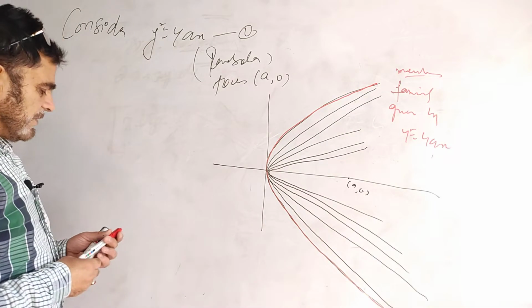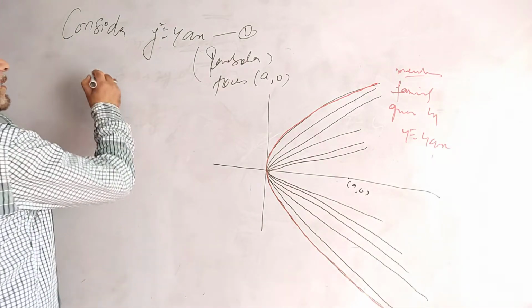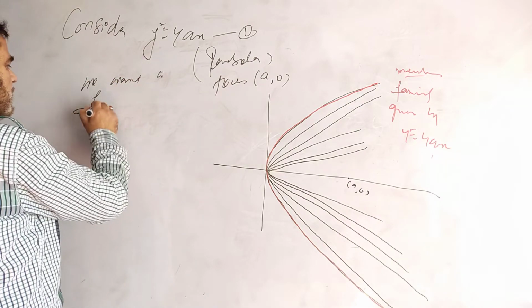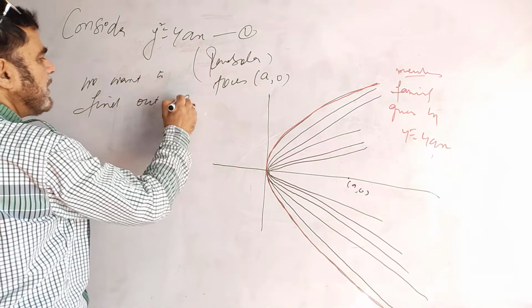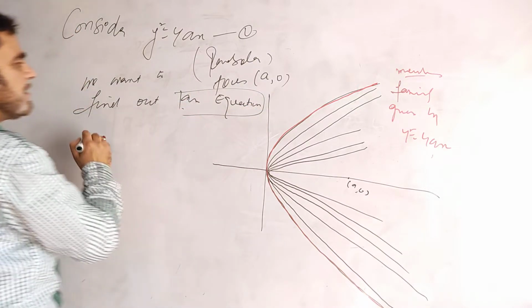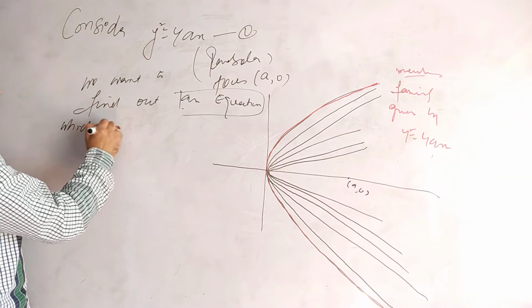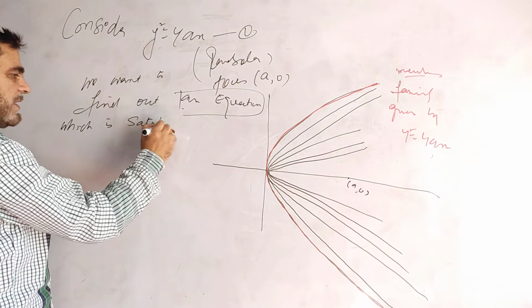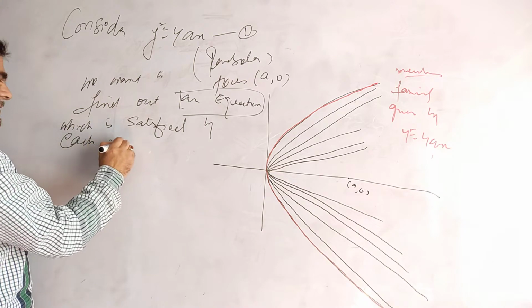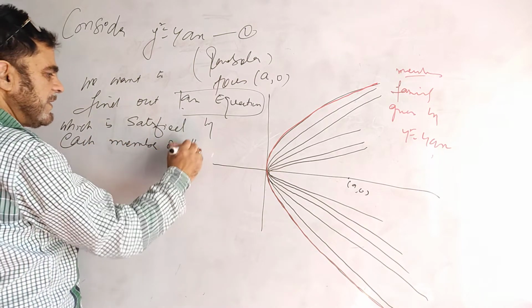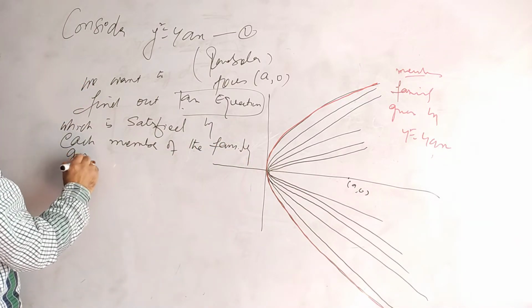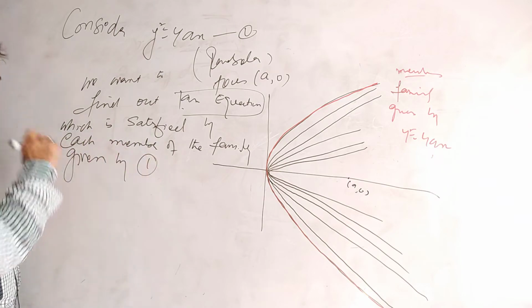Now we want to find an equation which is satisfied by each member of the family given by first.